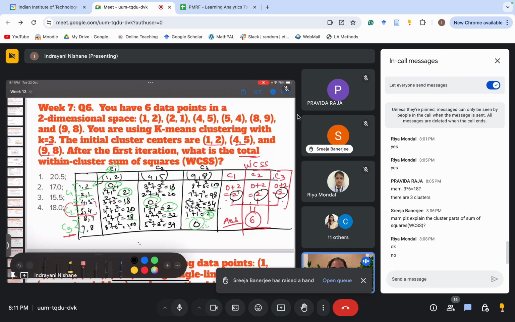Shrija, if you're typing anything in the chat box, please lower your hand so that I can wait for you, otherwise I'll move on.